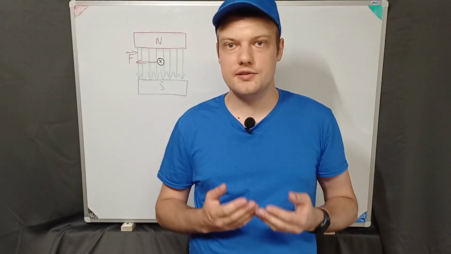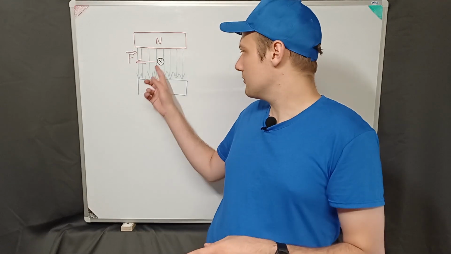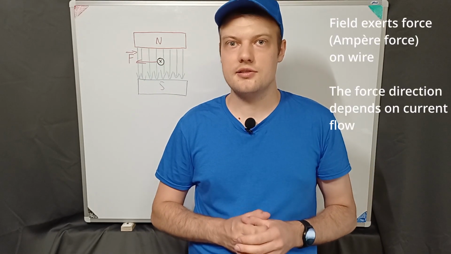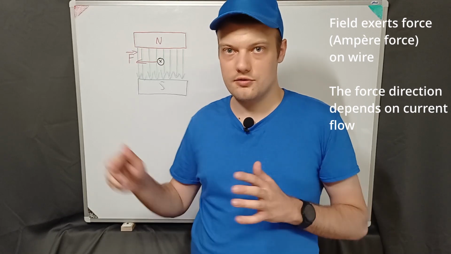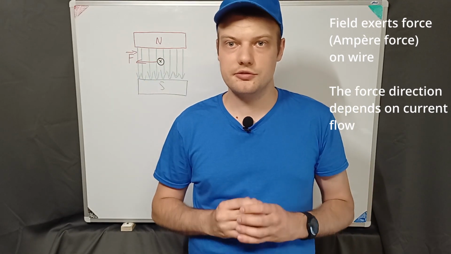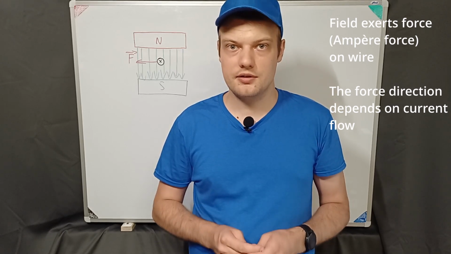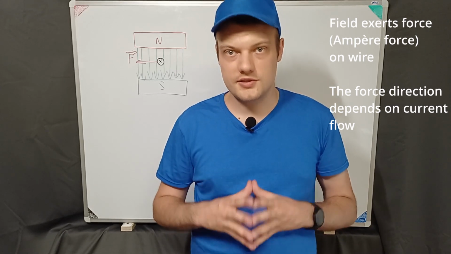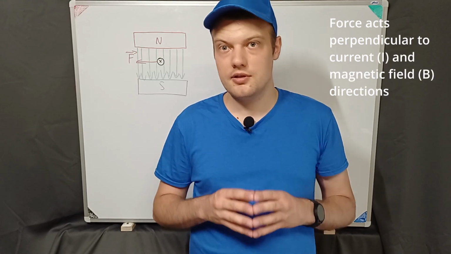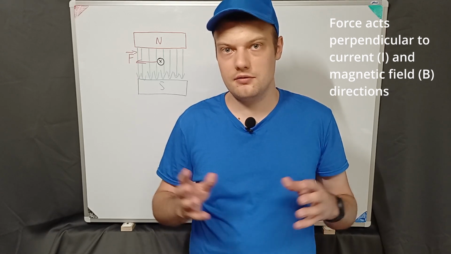But magnetic fields can do even more. For example, if you place a current-carrying wire inside one, the field exerts a real physical force on it. It's called Ampere's force, named after André-Marie Ampère, another hero of physics. This force acts perpendicular to both the direction of current and the magnetic field.